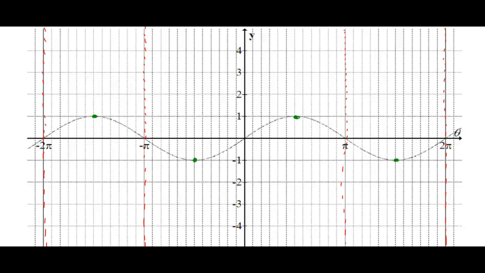There'll be 1, -1. Okay, this is going down, getting smaller. What's this going to do? It's going to go up. This is going down. This is going up.